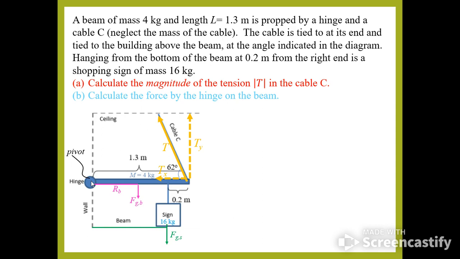Then in green, towards the bottom of the diagram, that lever arm is measured from the pivot to where the force is, and in this case will be a distance of 1.1, because the whole beam is 1.3 and it's 0.2 from the right, so the difference there is 1.1. And then you notice T_y is placed at the very end of the beam, so the lever arm for that component of the force vector will be the entire length, which is 1.3.